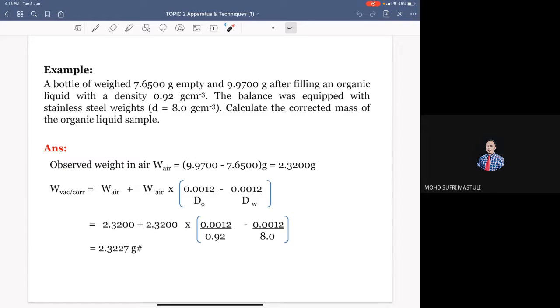So 2.32 plus 2.32 multiplied by 0.012 over 0.92, this is the density of the object, which is the sample, minus 0.012 over 8.0, this is the density of the balance weight. So we can obtain the corrected mass of the organic liquid.